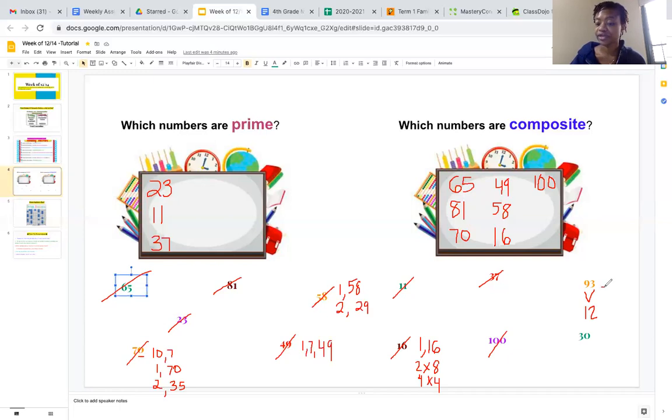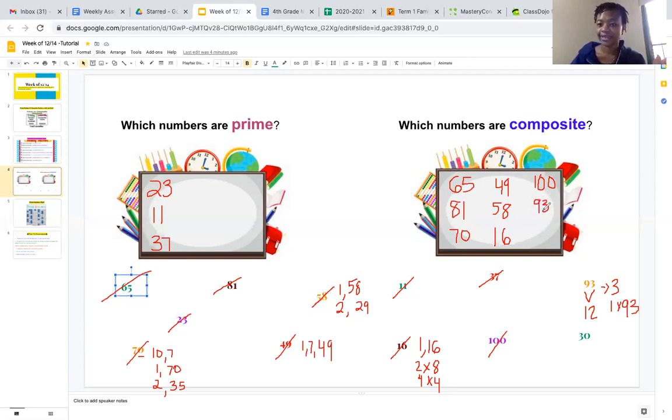So this means that 3 is definitely one of the factors. 3 times something. I don't know what that something is right off the top of my head, but 3 times some number, and then 1 times 93, of course, will give us 93. So 93 is definitely composite.